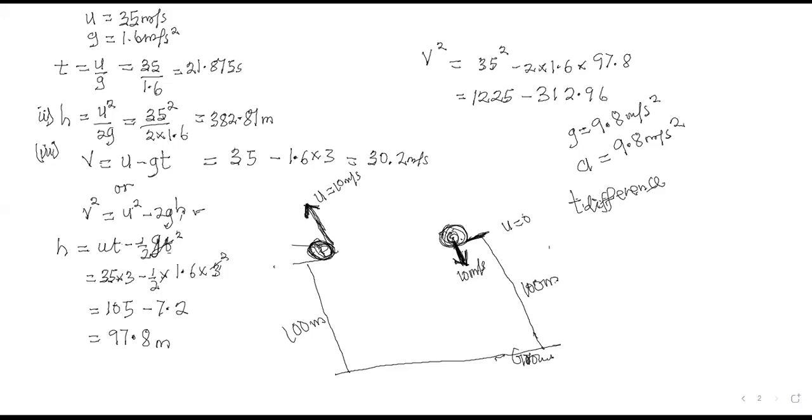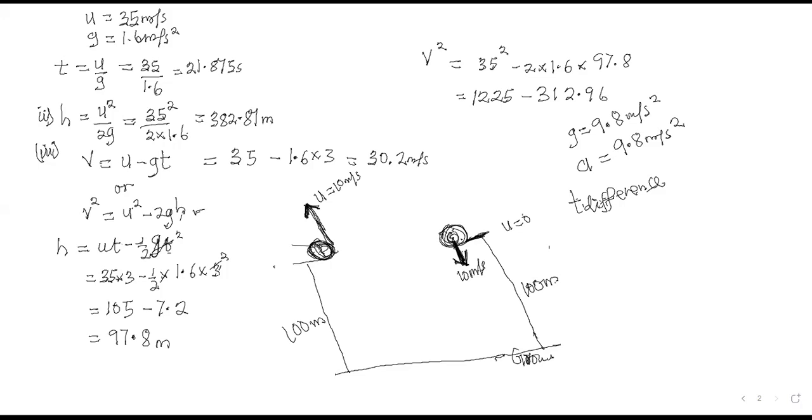Initially, both P and Q are at a height of 100 meters. This is P, then this is Q. Then P goes up, reaches the maximum height, and then drops.